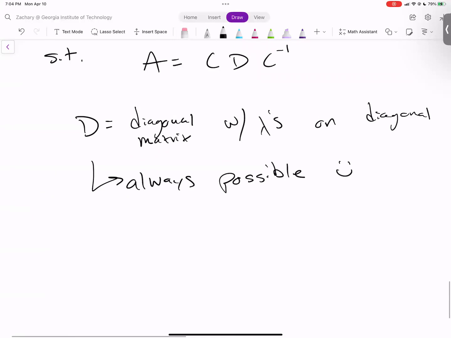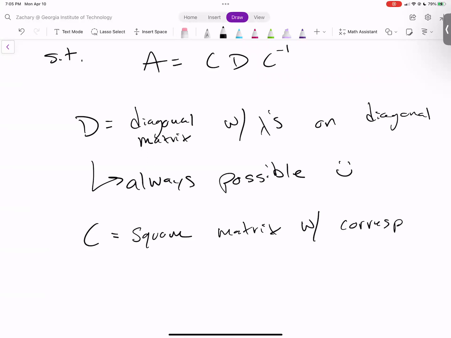Okay, D isn't the problem. The problem is C. C is a square matrix with corresponding columns equal to your eigenvectors.